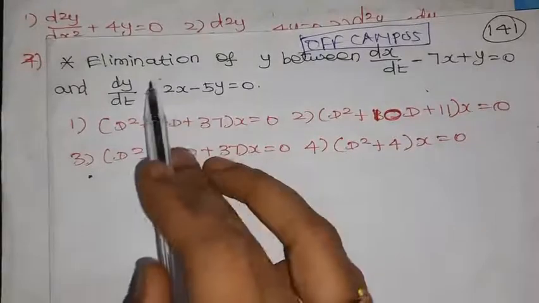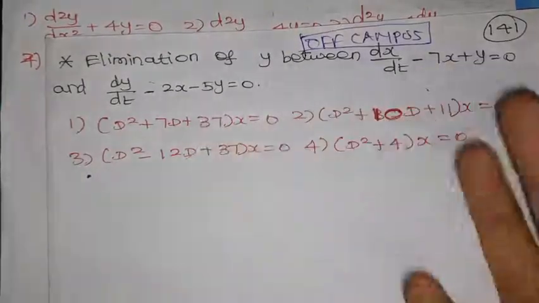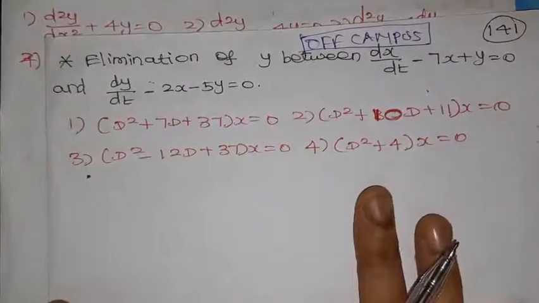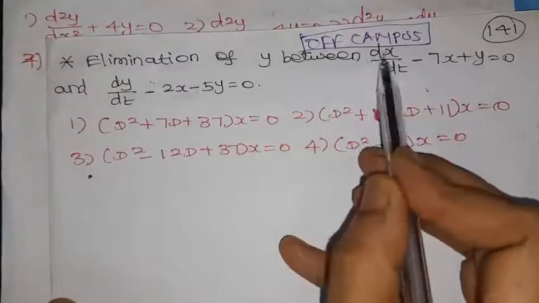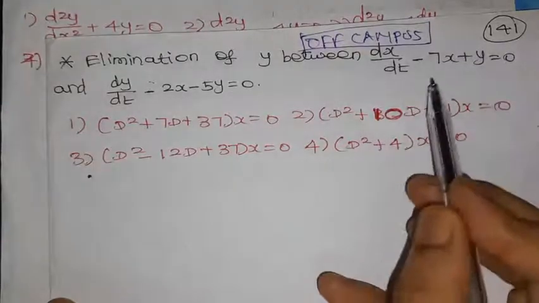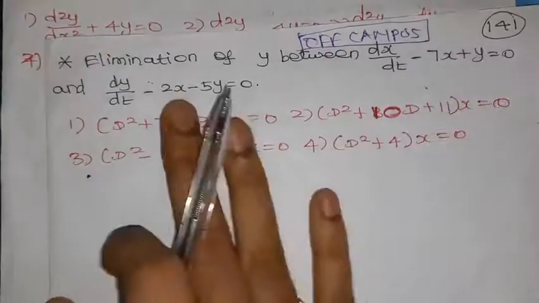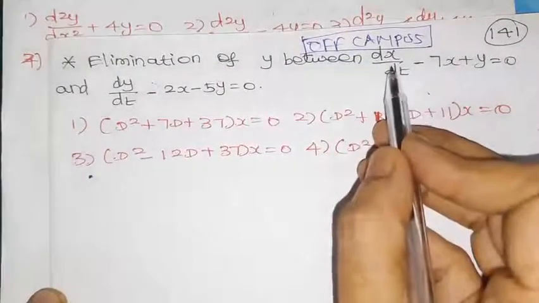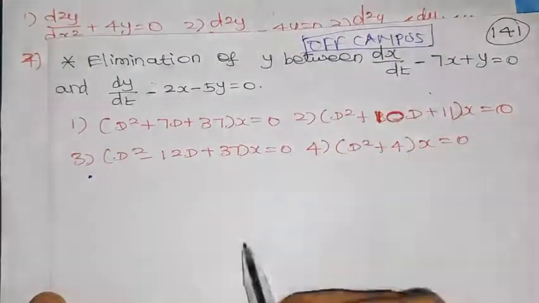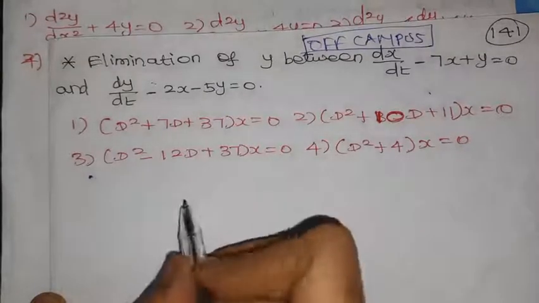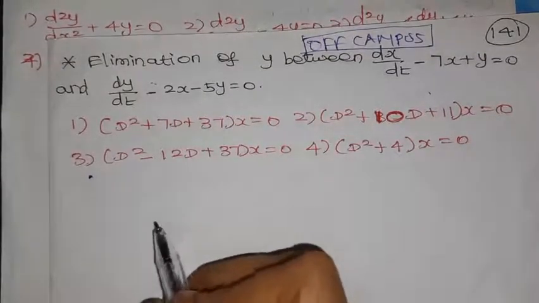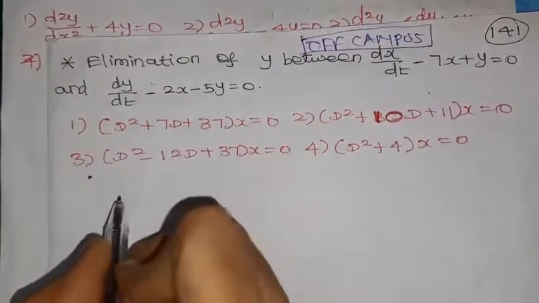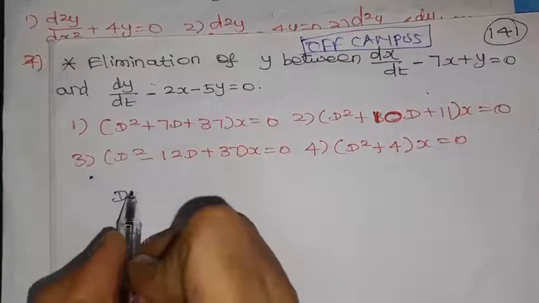Okay, we are going to see the elimination of x and y in the given differential equations. In this problem, two differential equations are given and we need to eliminate y.